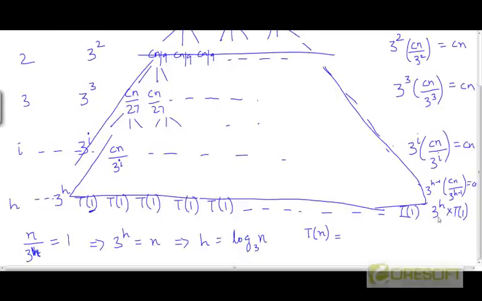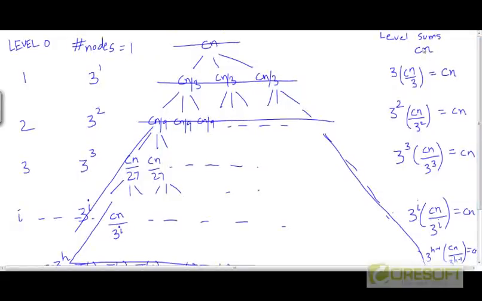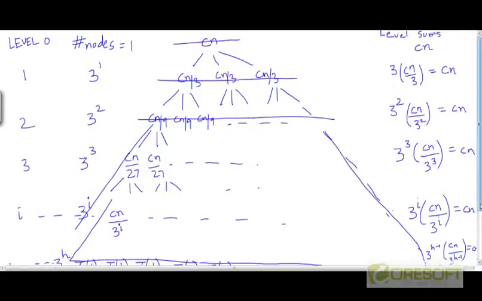Now we have computed h to be log of n base 3. So T of n is going to be 3 to the power h multiplied by T of 1 plus cn plus cn plus cn plus cn from levels 0 to h minus 1.